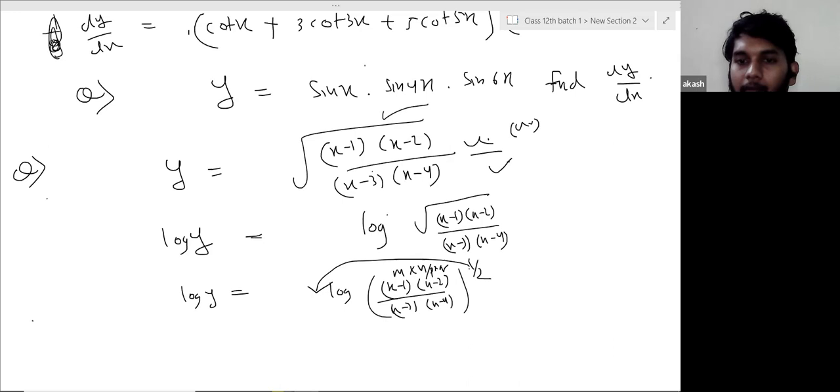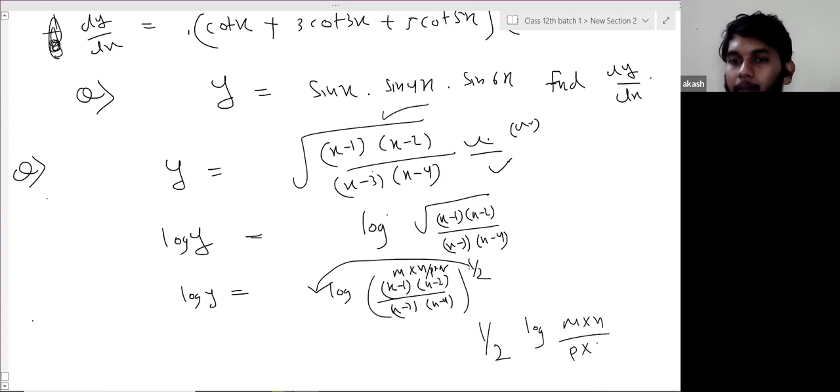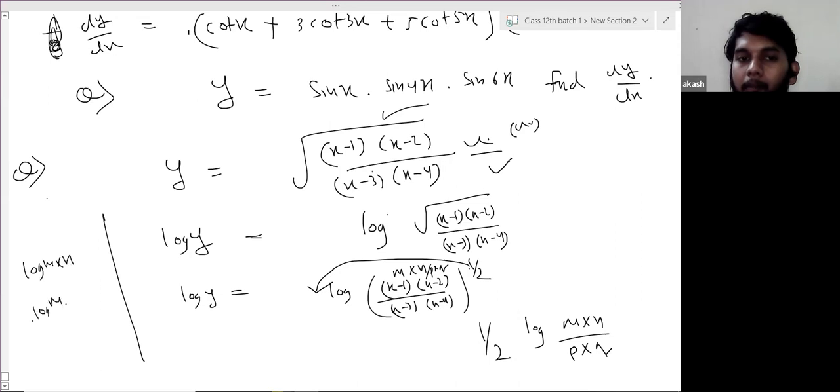See, after this half, we take out outside the log. This is m into n upon p into q, right? So if you look at the log properties, in the product rule we can write log of m into n as log m plus log n, and this division part is minus of log p plus log q.